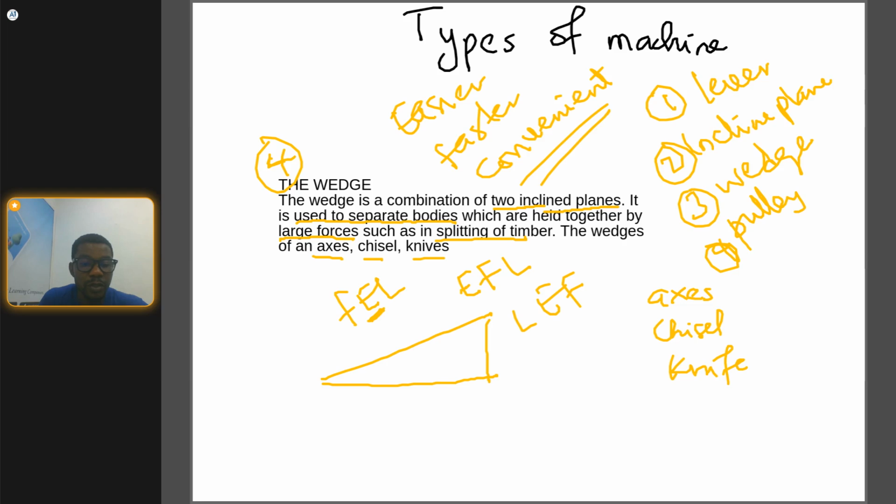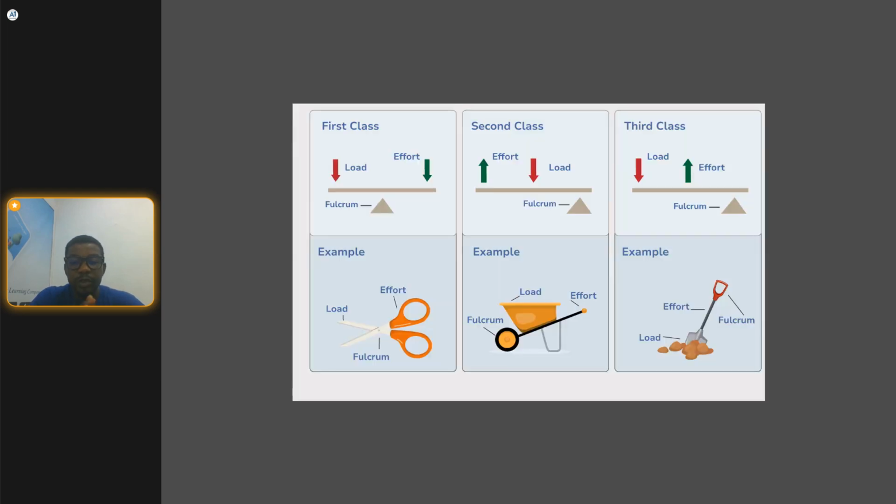Here the fulcrum is in between the load and the effort, and here the effort is in between the load and the fulcrum. We also made use of some images to explain the classes of lever, and we also cited examples.